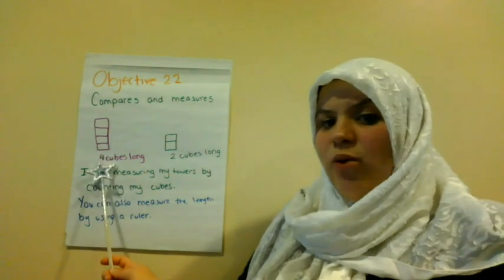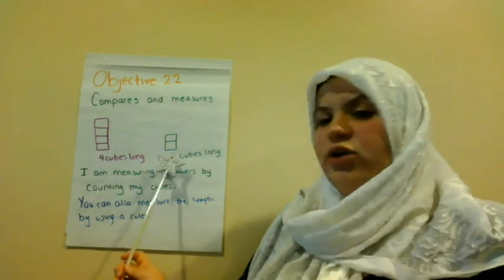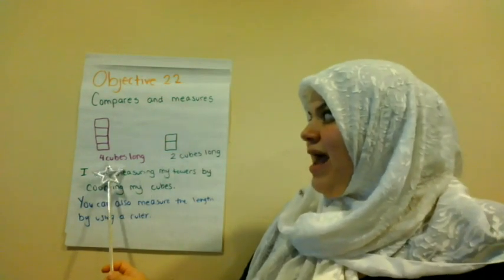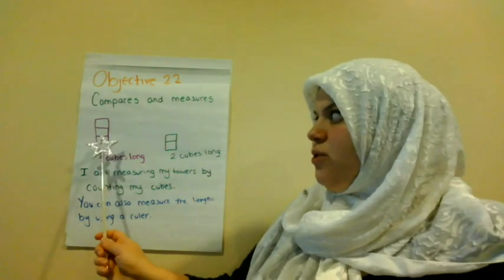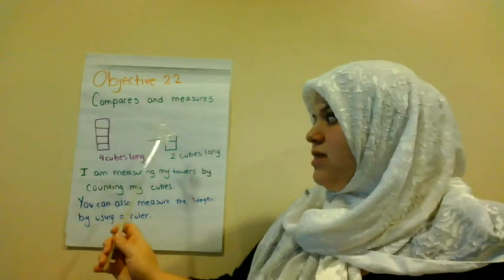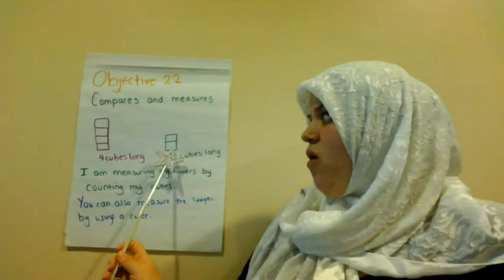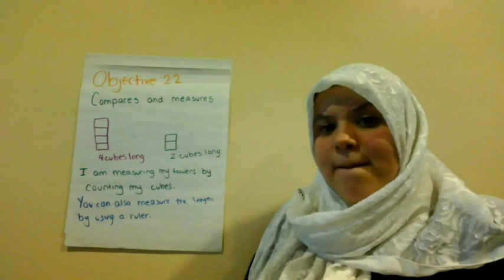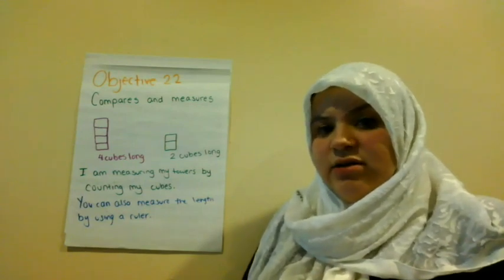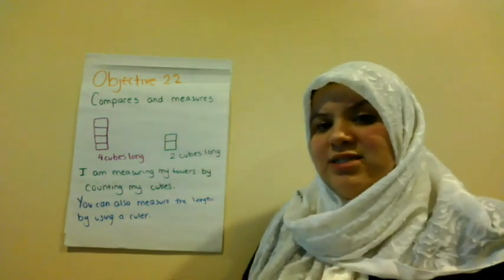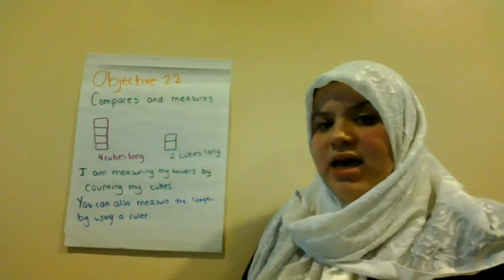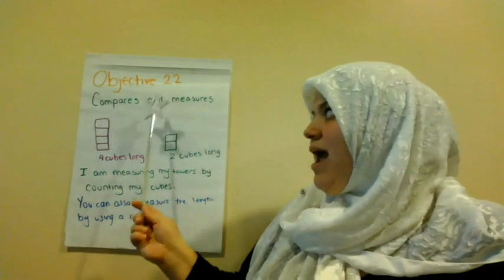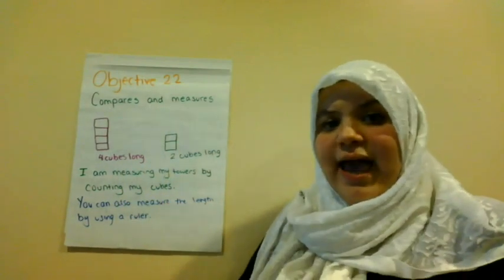The purple tower is longer than the green tower. Okay? The purple tower has 1, 2, 3, 4 cubes, and the green tower only has 2 cubes. If you can remember our counting skills, it's really important for us to be able to count because counting helps us compare and measure things, okay?